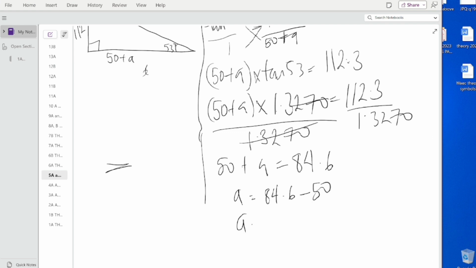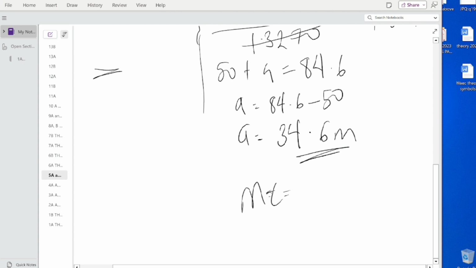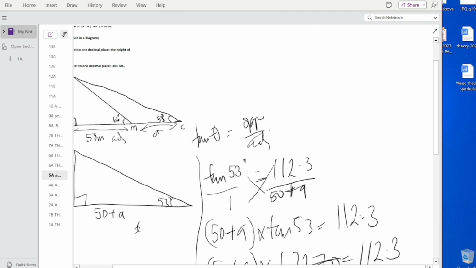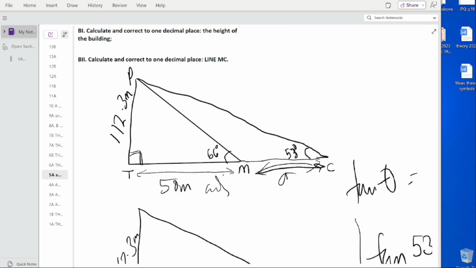A is 34.6 meters. Therefore, line MC is 34.6 meters, which is here, that's the distance between M and C, is 34.6 meters, which is our final answer.